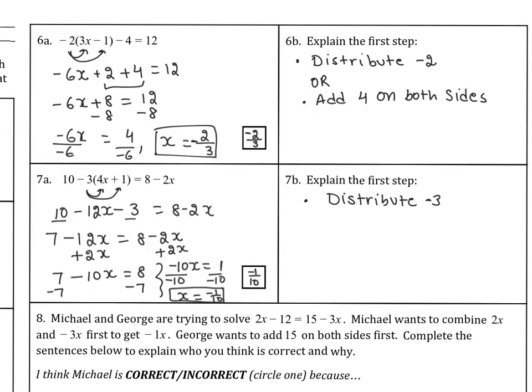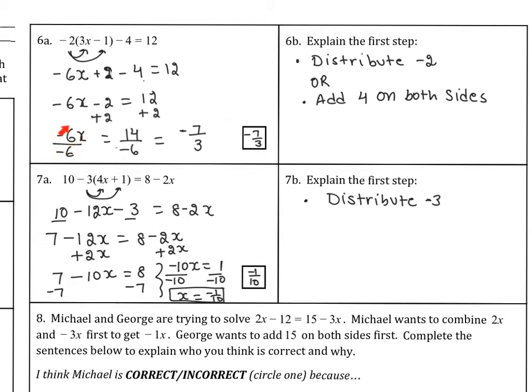For number 6a, we're going to distribute the negative 2 inside. So negative 2 times 3 would be negative 6. Negative 2 times negative 1 would be plus 2. Minus 4. So now you're going to combine the two like terms. So 2 minus 4 would be negative 2. Negative 6x minus 2 equals 12. So you're going to get rid of the 2, so you add 2 on both sides. So this side would be 14, and negative 6x equals 14.